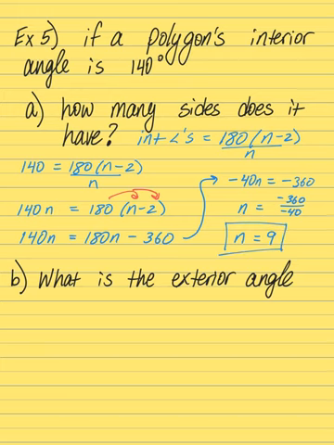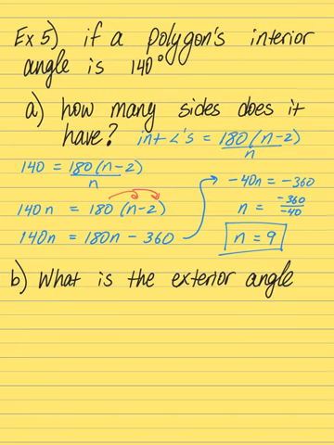Now for part B, there's two ways that you can do this question. If you look back to slide number 1, you'll notice that the exterior and interior angle of any polygon lie on a straight line. So whatever your interior angle is, the exterior has to be whatever is left up to 180 degrees.